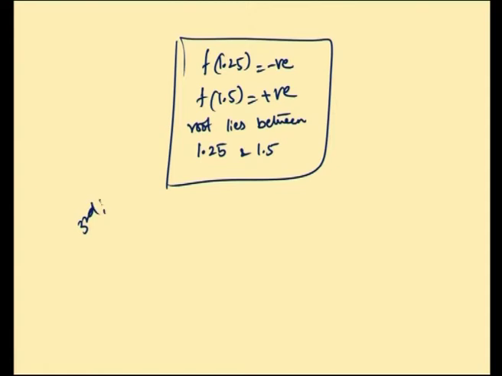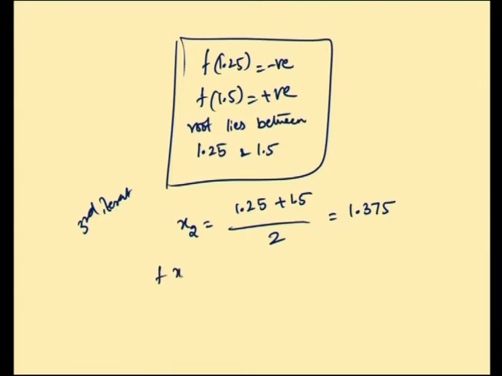Then the third iteration goes as x2 equal to 1.25 plus 1.5 divided by 2, which is 1.375. Then find f of x2.